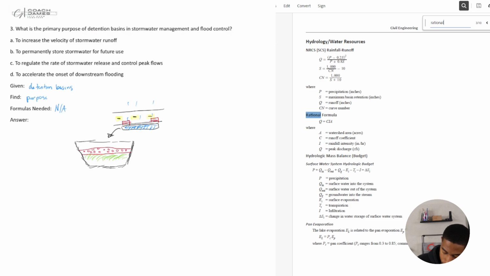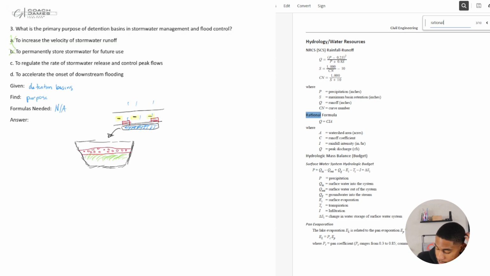So if we're going through these answers, to increase the velocity, you do not want to increase the velocity of water flying and busting through everything. So no. To permanently store stormwater for future use, no, not necessarily, because this is not like the clean water. It's not clean and filtered and all that.